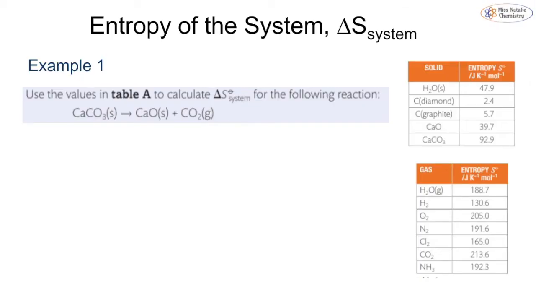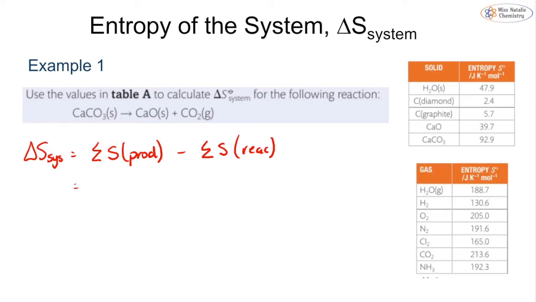So we can look at some examples of how we calculate the entropy of a system. If we start off by looking at the decomposition of calcium carbonate into calcium oxide and carbon dioxide, we'll use the values that were given in the table. Our entropy of system is equal to the sum of the entropy of the products, take away the sum of the entropy of the reactants.